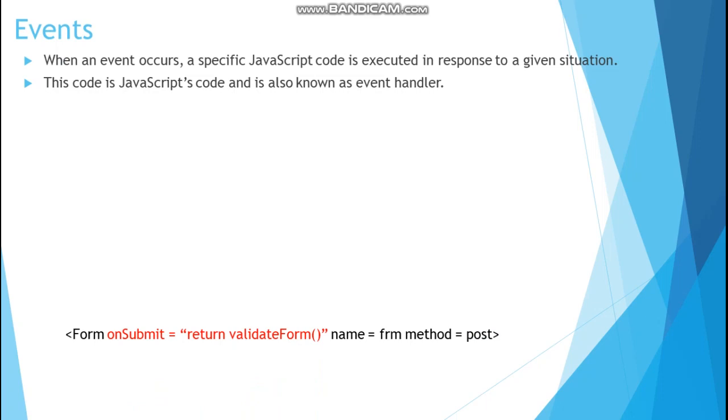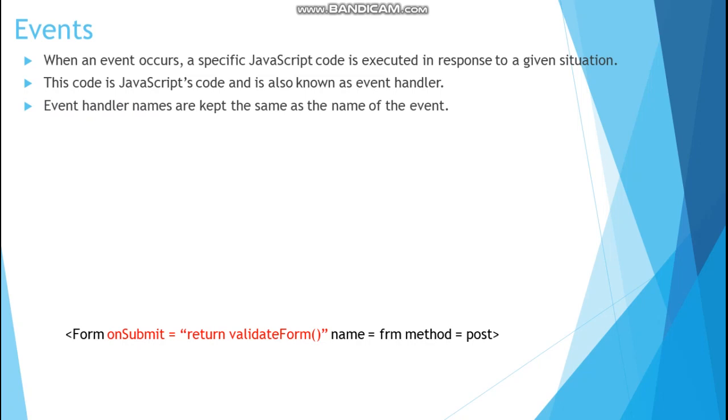Here the detail given in red color, onsubmit equal to return validateForm: onsubmit is the name of the event and validateForm is the name of a user defined function that gets executed when we click on the submit button. So this is known as an event handler.